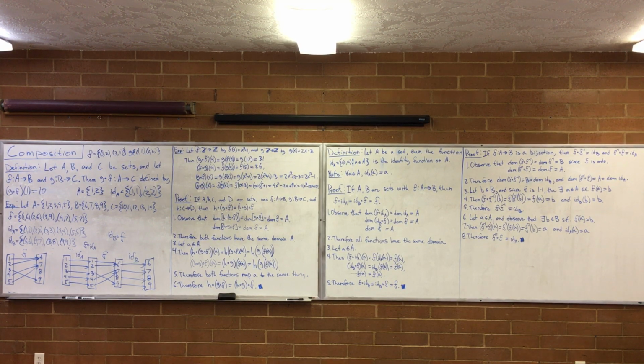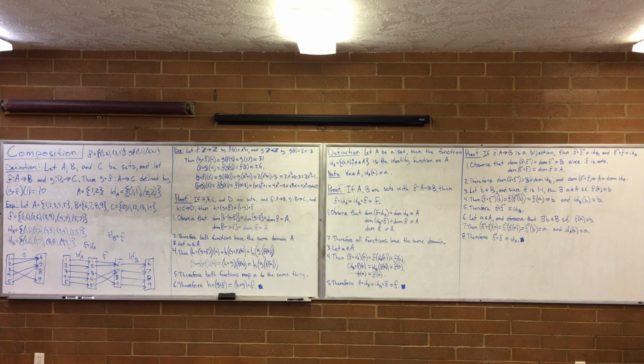Make sense? Okay. So we're trying to show that f composed with its inverse gives us the identity on B, and the inverse composed with f gives us the identity on A. Okay, that makes sense, I guess.